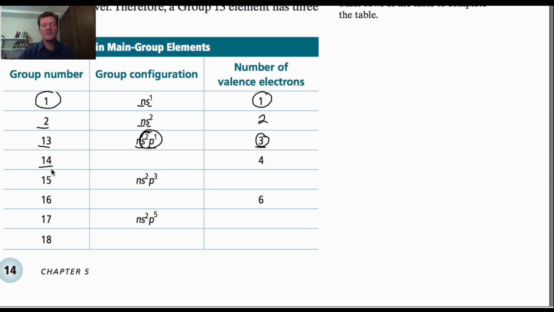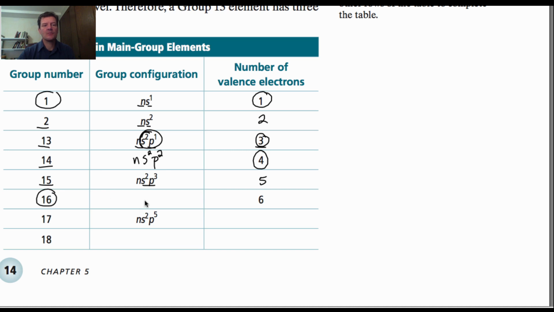The 14th family is going to end in something s2 p2, four valence electrons. The 15th group is going to end in s2 p3, has five valence electrons.